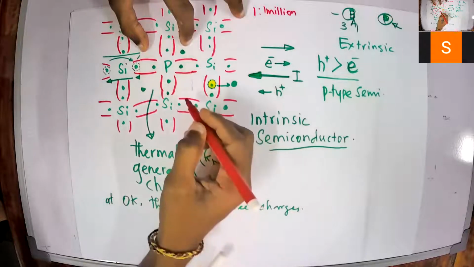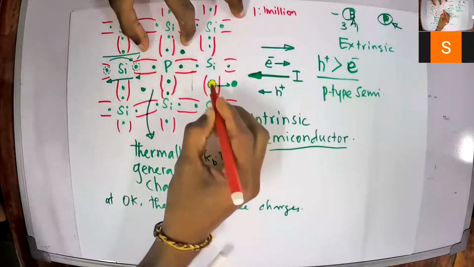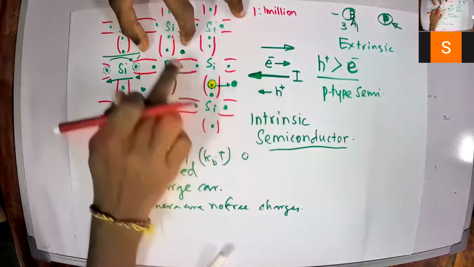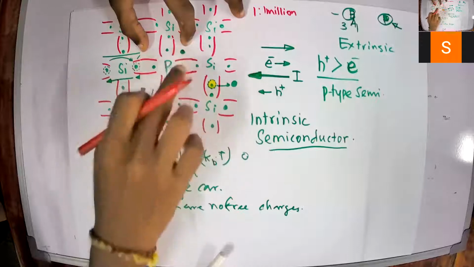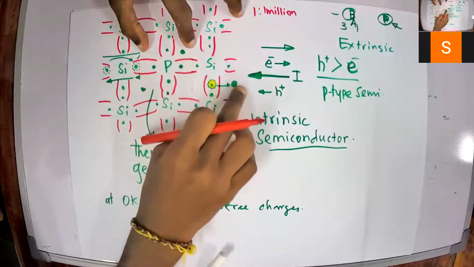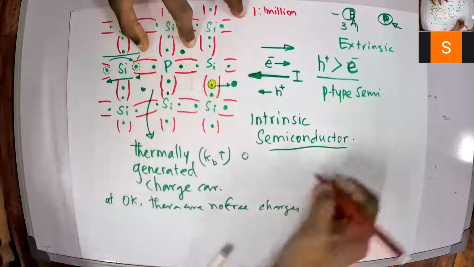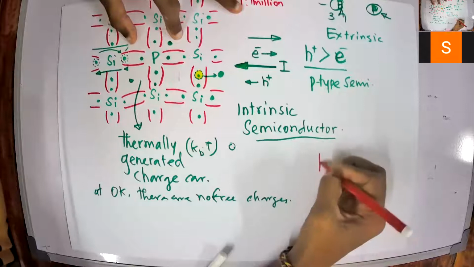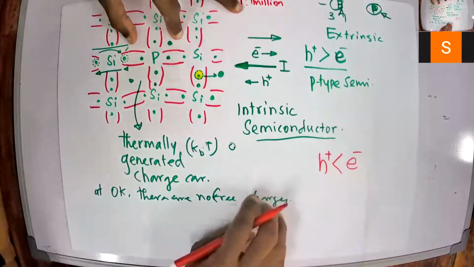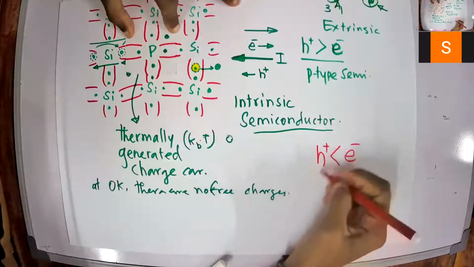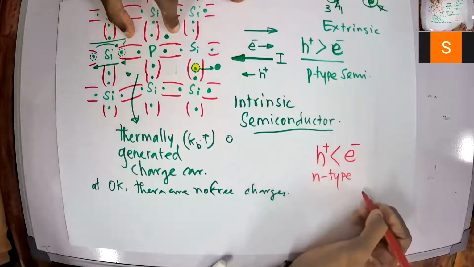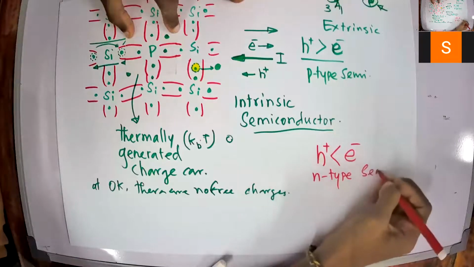Similar to the p-type semiconductors, we will have thermally generated electron hole pairs, right? So overall, in this type of semiconductor, the number of electrons will be higher than the number of holes, right? I could say H plus is less than E minus. Hence, we call it negative type, small n again, n-type semiconductors.